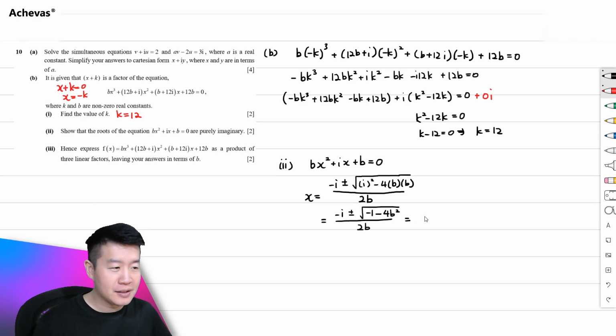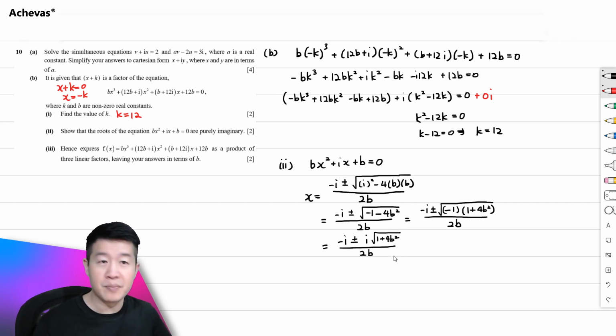So this is equal to minus i plus or minus, if you look at this, we can rewrite it as the square root of minus 1 times 1 plus 4b squared, and this divided by 2b. So this is minus i plus or minus, what is the square root of minus 1? It is i. And I will be left with the square root of 1 plus 4b squared divided by 2b.